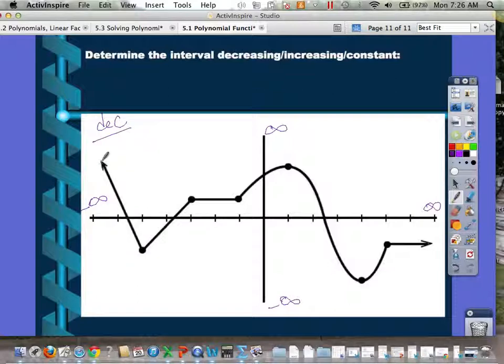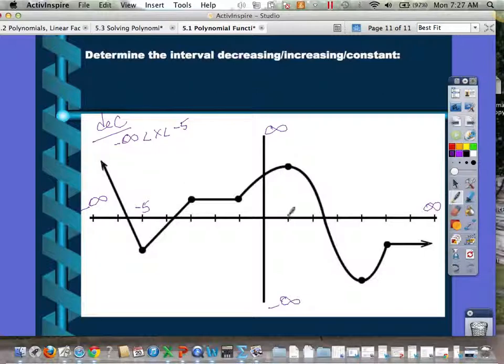It's going down until we get to negative 5, so that's going to be negative infinity to x, negative 5. I'll write it a different way this time.